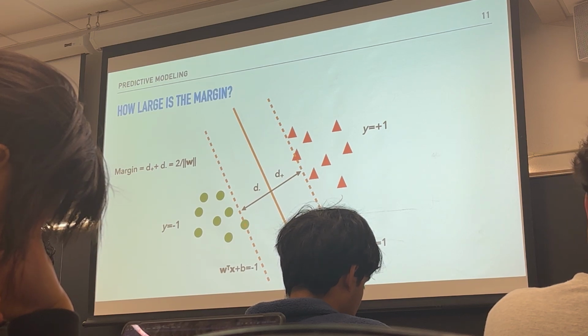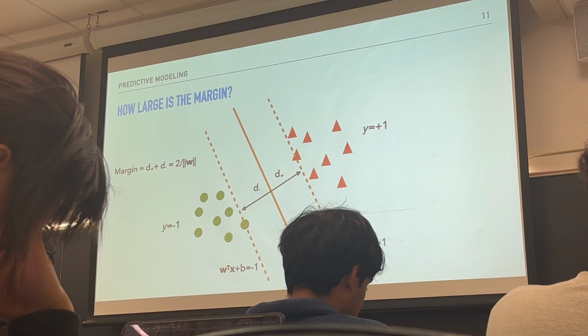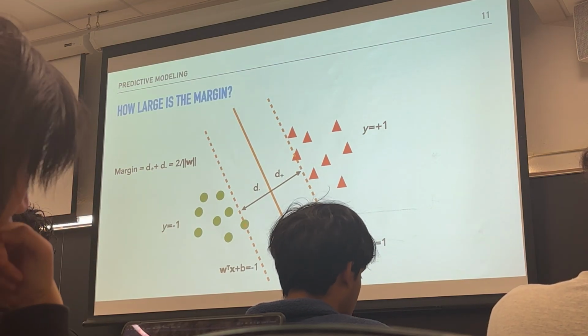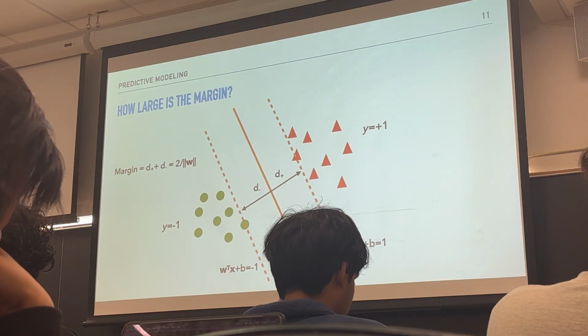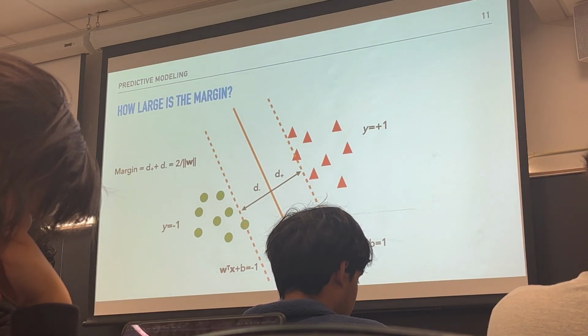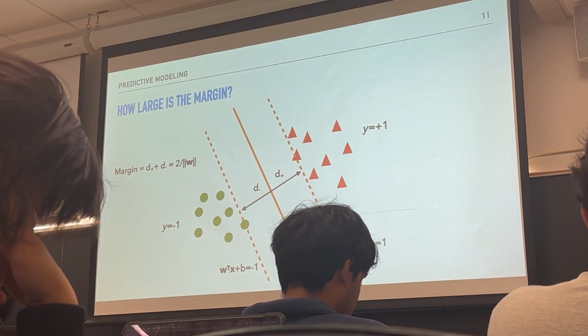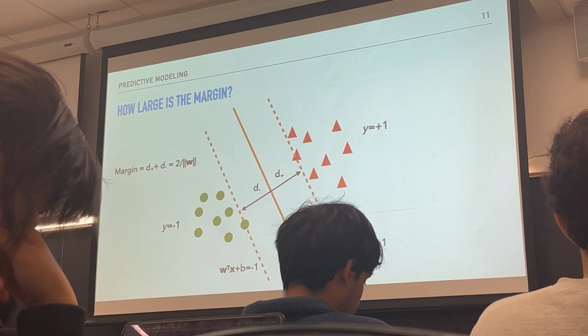So W is this perpendicular direction, like we just talked about. But W is a vector. For direction, what do we need? We don't need the magnitude, we just need the direction.